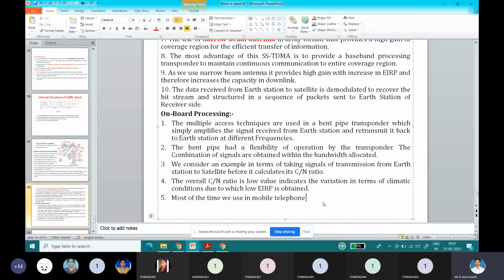So this is what we have discussed about satellite switched TDMA and onboard processing, right?